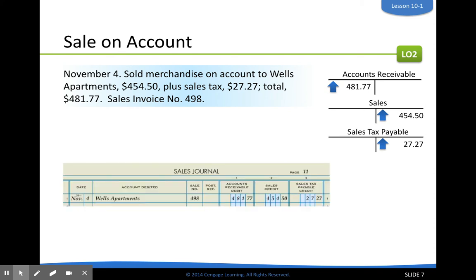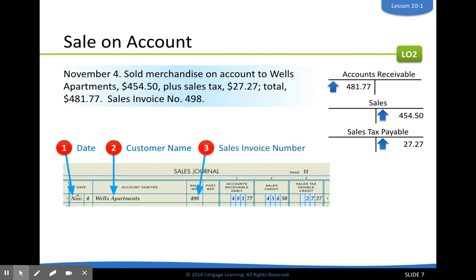So our journal entry would look like this: the date, the customer name. In the column account debited, it is always going to be a customer name. It could be like Wells Apartments, or it could just be a name, like in our work together, but it's always going to be someone that owes us money.